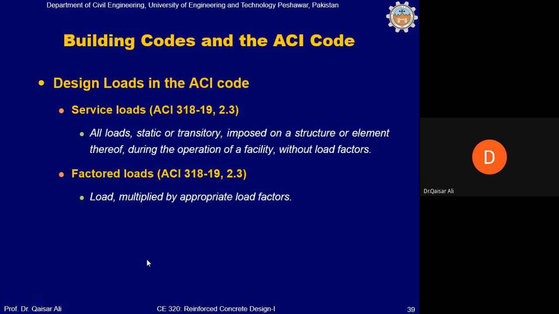Then further, the ACI code has classified the loads into service loads and factored loads. Service loads are those loads which will be used in the service life of the structure. That's why they are called service loads. Factored loads are those loads obtained when service loads are amplified for the purpose of design.